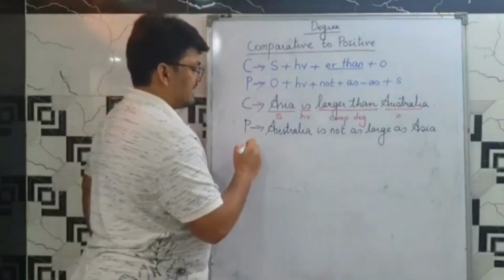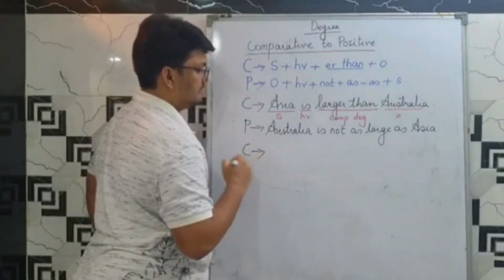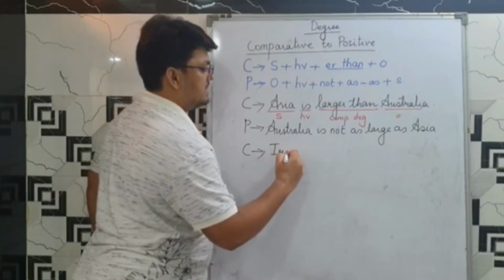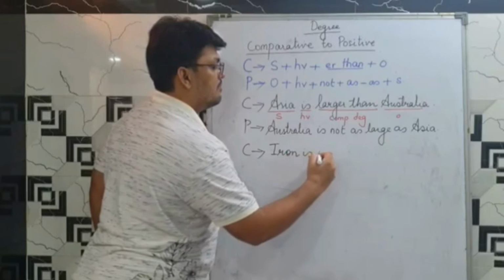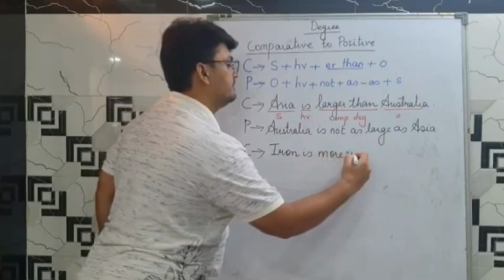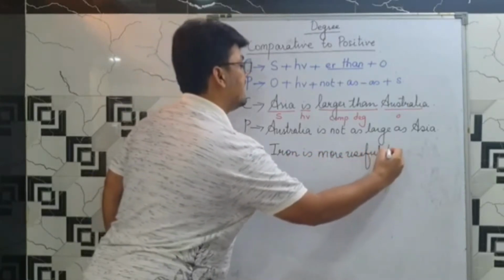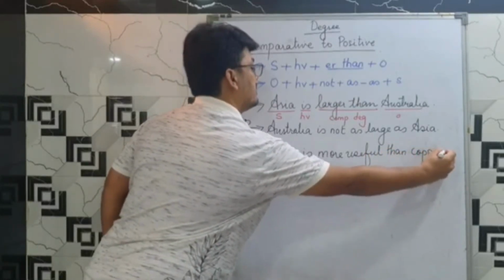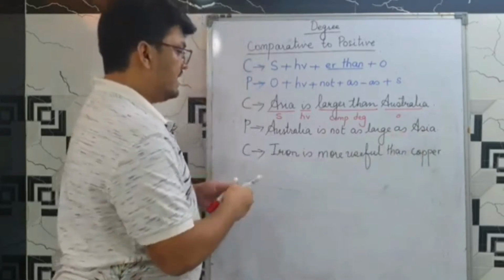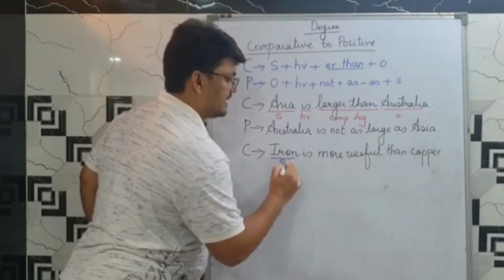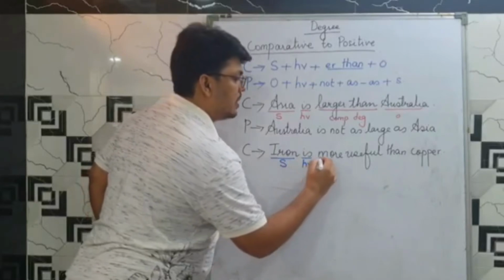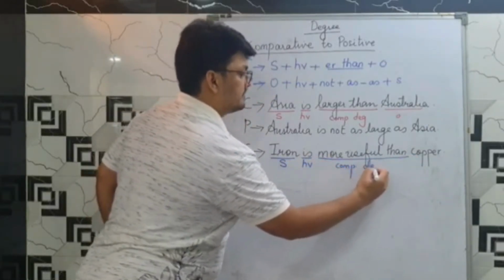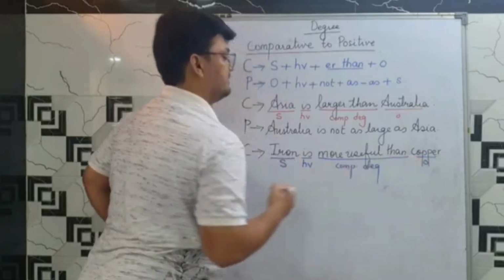Let's take one more example. Iron is more useful than copper. Okay, so here you can see iron is subject, this is helping verb, more useful than is my comparative degree, and copper is object.